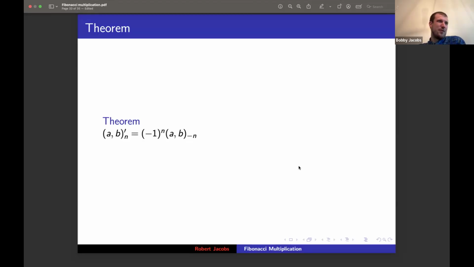But if you extend it backwards, before the 3 it would be -1. And before that, it's 4. Then before that, it's -5. Then 9. So it's 9, -5, 4, -1, 3, 2, and so on. It's basically the same as the 3, 1 sequence backwards, with alternating negative signs. So that means that AB prime of n is -1 to the n times AB of negative n.